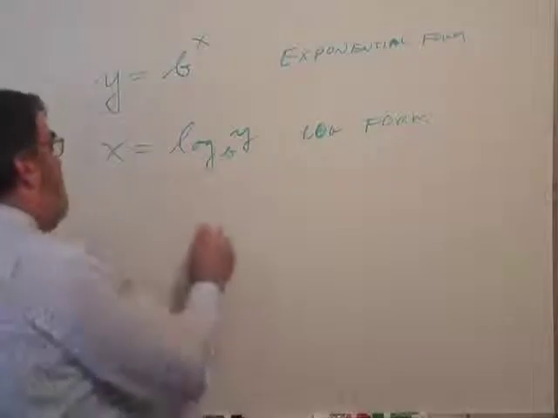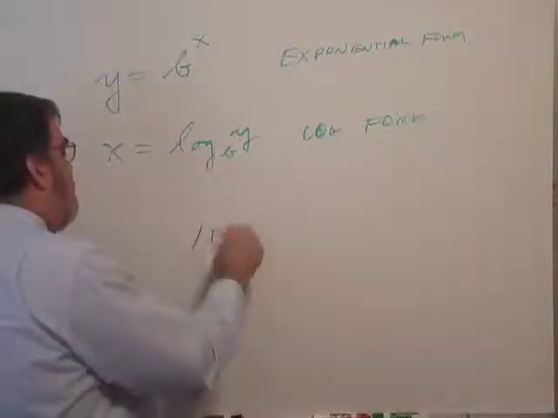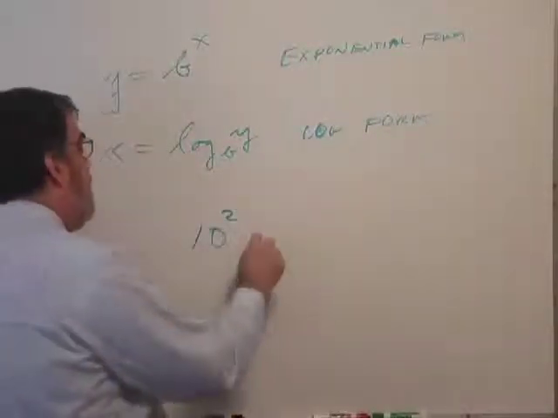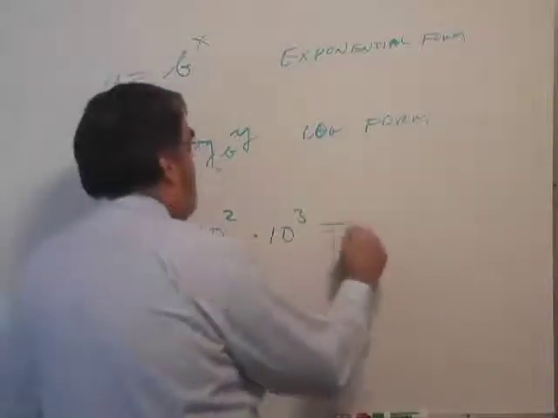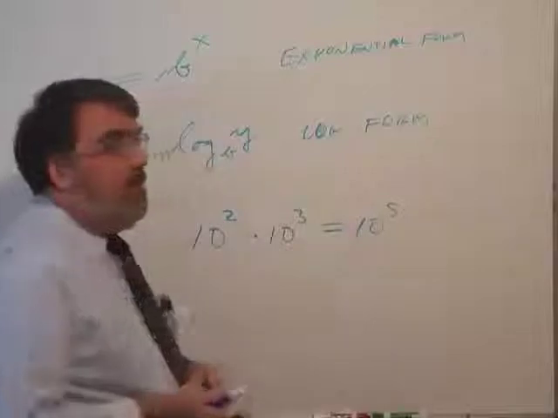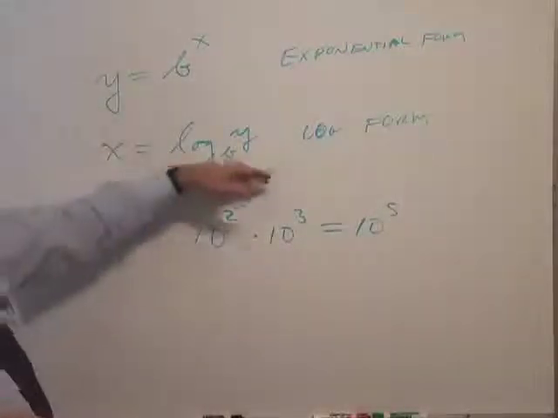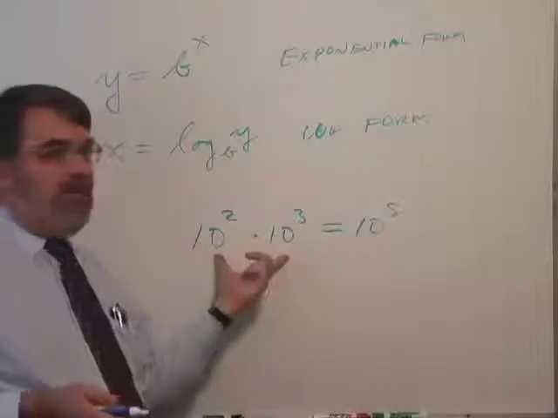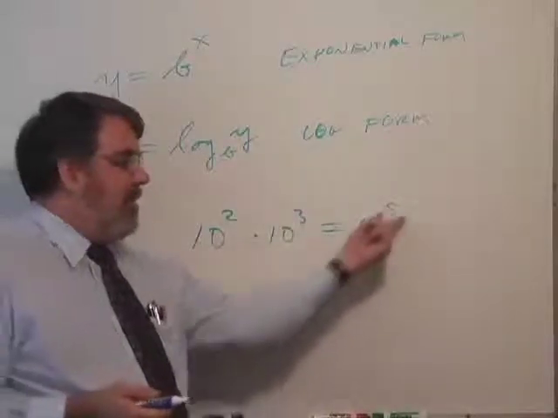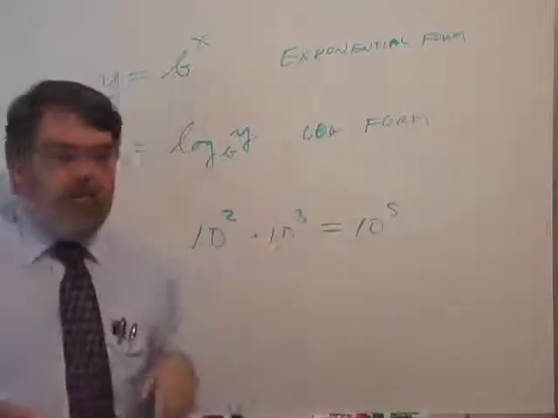For example, 10 squared times 10 to the third power is 10 to the fifth power. So here's an exponent form. The rules of exponents say that when you multiply two numbers of the same base, you keep the base and add the exponents together.